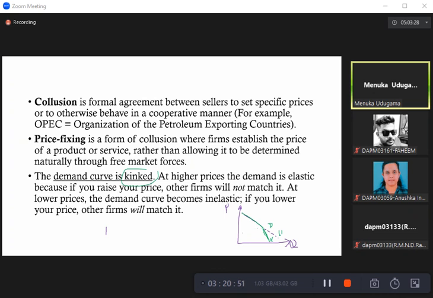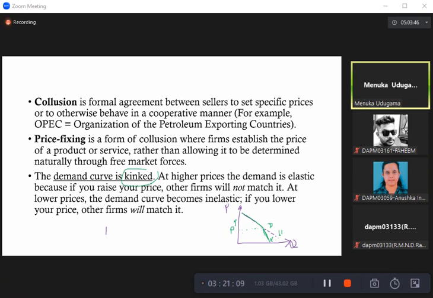Right, so let's say now, like I said, this is the market price, and what we're trying to say here is these competitors would look at what the other firm does. If you increase the price, what would happen?